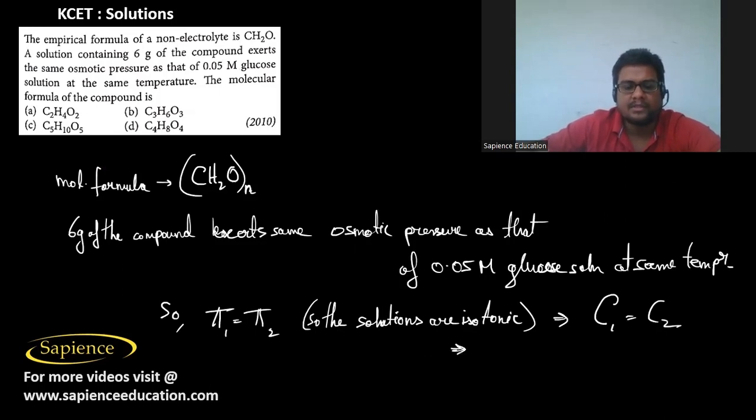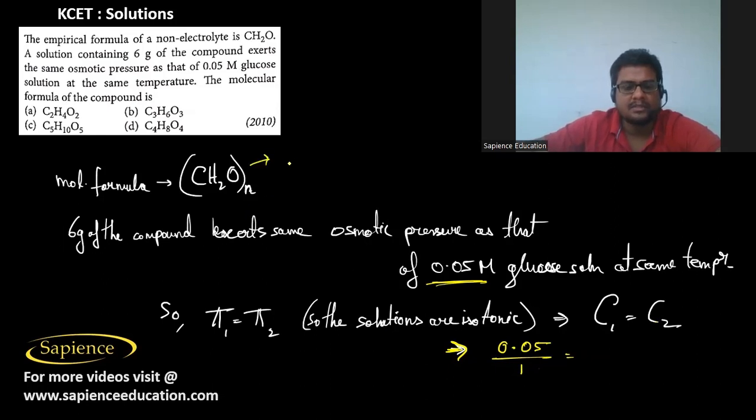So 0.05 molar glucose means that 0.05 moles of glucose is present in 1 liter of solution, and that should be equal to the molar concentration of this compound.